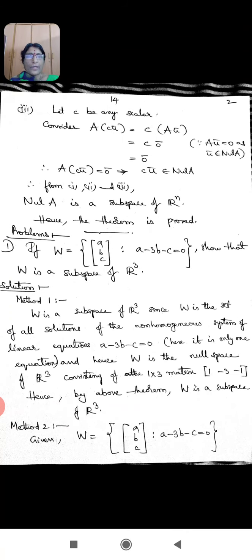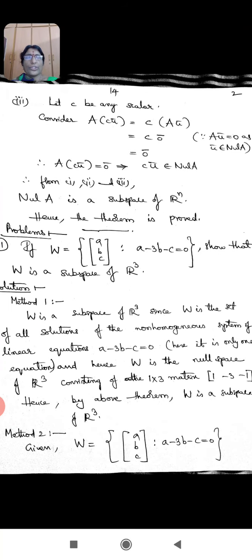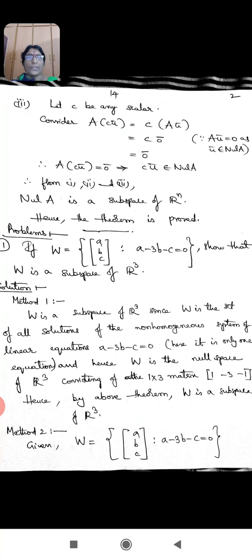And how I am justifying myself is that since W is the set of all solutions of the system of linear equations, in the definition of W we can see that W consists of all the column vectors of order 3 by 1, which are of the form A, B, C. Such column vectors, if they have to be in the set W, should satisfy the equation A minus 3B minus C is equal to 0.